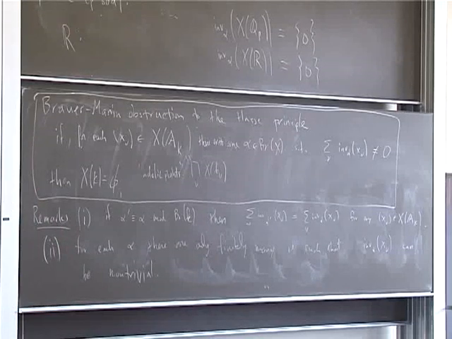For each Brauer group element, there's some finite set of places where you have to do work, and at all the rest of the places, the local invariants are all automatically zero.